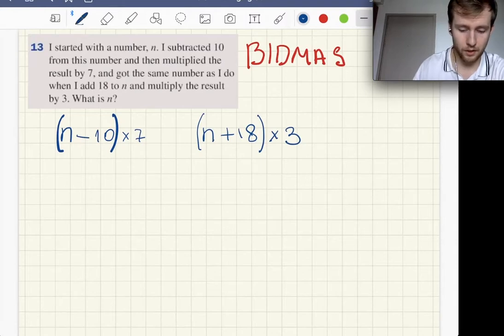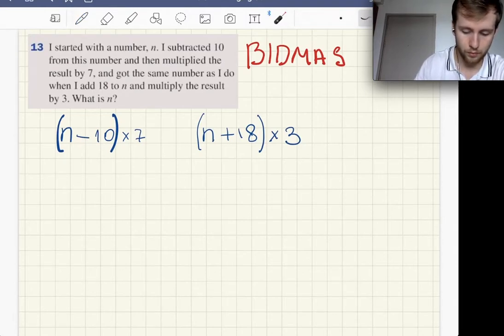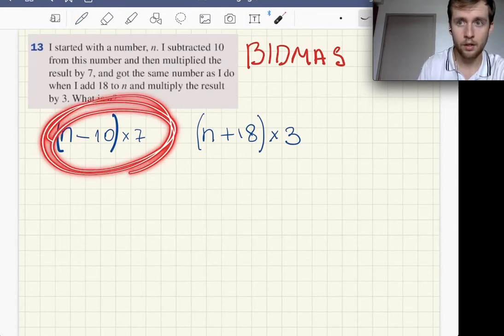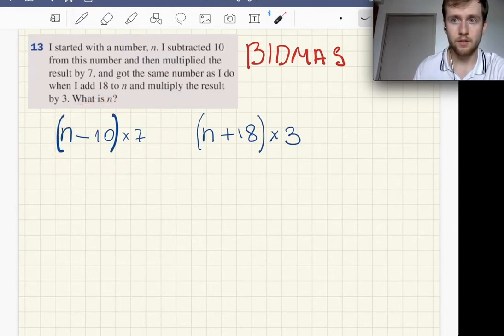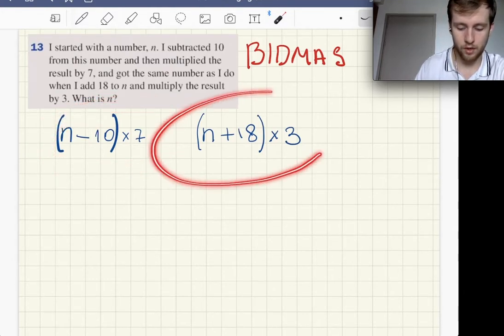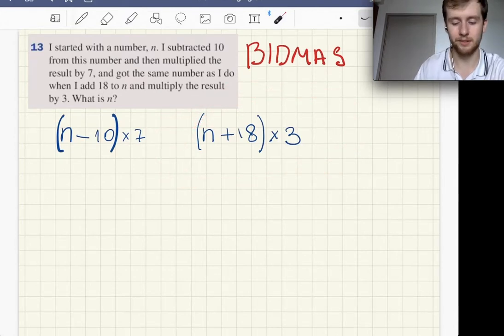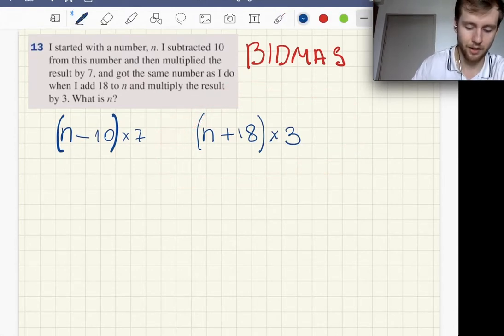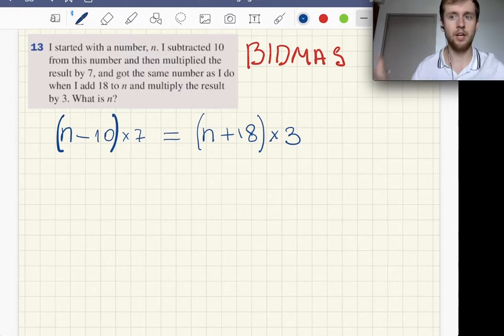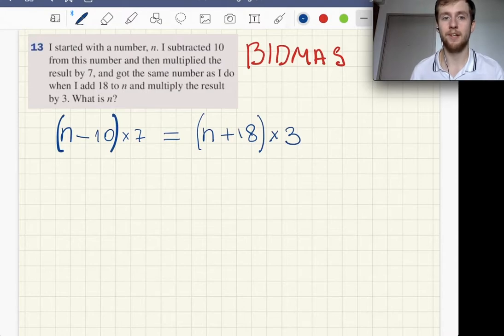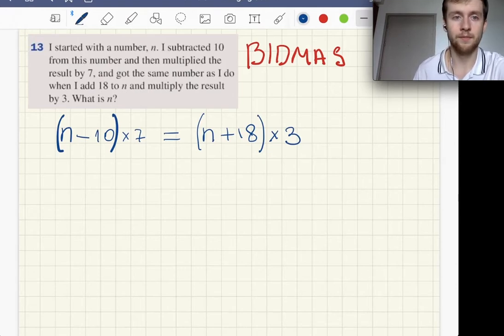He says that from doing this thing, he got the same number as from doing this thing. What does it mean? It means those two things are equal. And what do we get? We get an equation which we can solve definitely. So n minus 10 times 7 equals n plus 18 times 3.